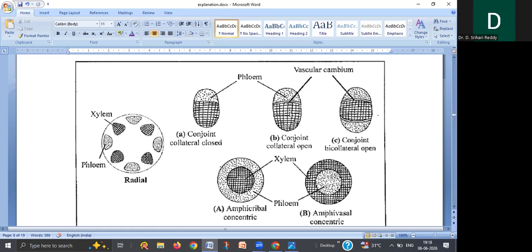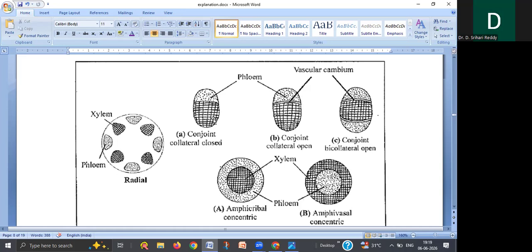Both are arranged on the same axis. In a radial vascular bundle, xylem and phloem are arranged on different axes. But in a collateral vascular bundle, phloem and xylem are arranged on the same axis. Okay, outside we see the phloem, and inside we see the xylem.